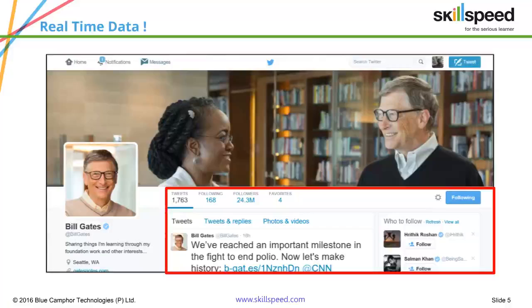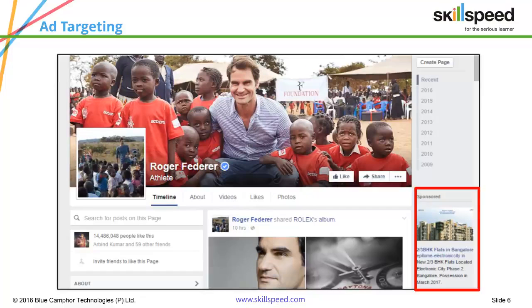Let's move on. Think about this particular page. This is actually the page of Roger Federer. I just took it as an example, but if you look at the right hand side bottom corner, you can see an advertisement. So how do these advertisements work in real time?